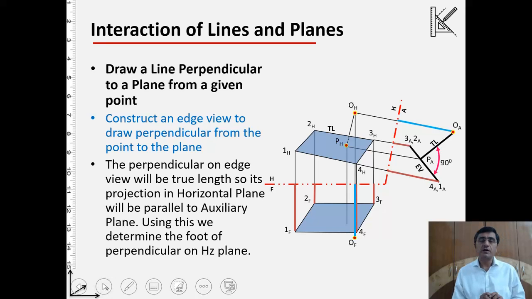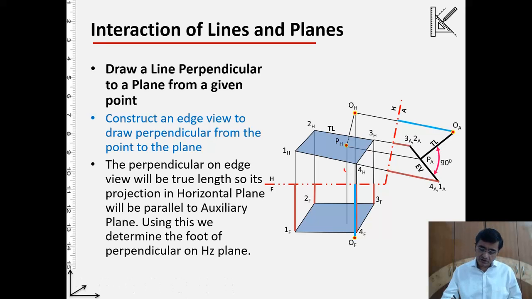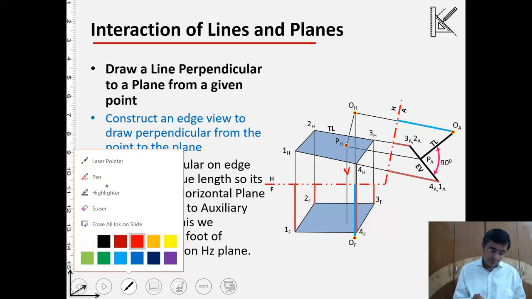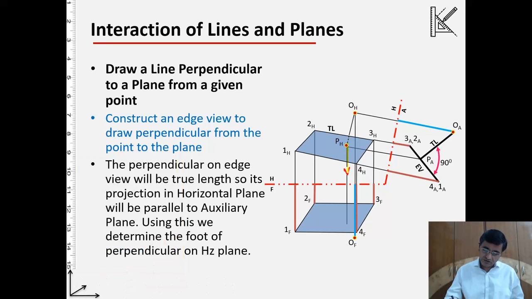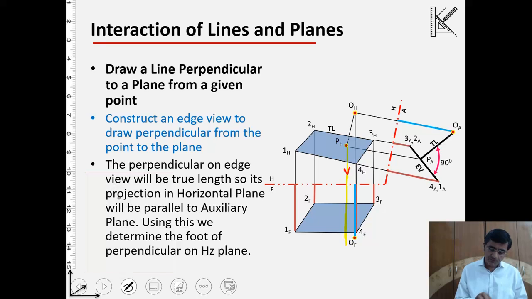Now from here, the projector to the frontal plane, so my corresponding point on the frontal projection will be along this given projector. But where is this? Now to locate it, again we are making use of the concept of A1, A2, A3.